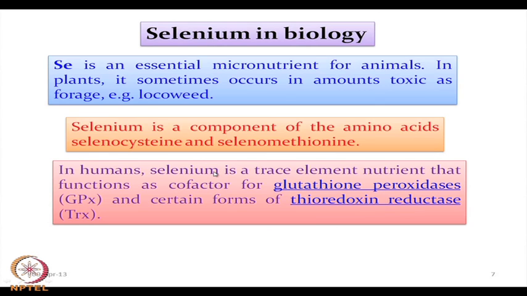But in our body, this selenium, which we get as a trace element mostly from food material, functions as a cofactor for glutathione peroxidase, that means selenium is present in glutathione peroxidase and in certain forms of thioredoxin reductase. This is a redox reaction like rubredoxin and ferredoxin molecules, and sulfur bearing redox reactions can take place. So, this is a group of molecules known as thioredoxin reductase molecules.